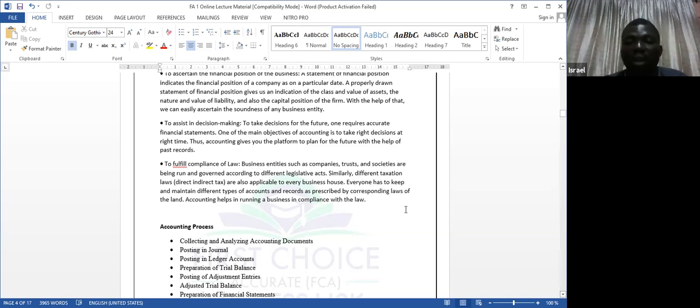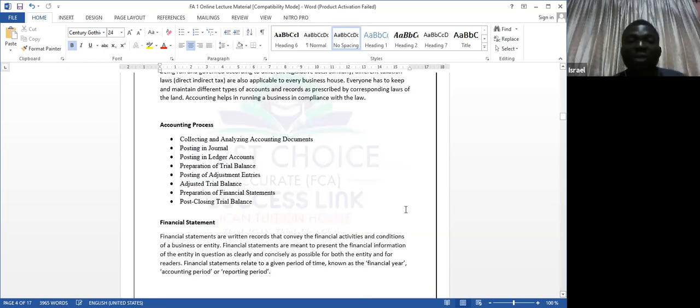Now, after we have established the difference between accounting and bookkeeping, and we are able to talk about the objective of accounting, let's talk about the accounting process. The accounting process is the step-by-step stages in preparation of financial statements.